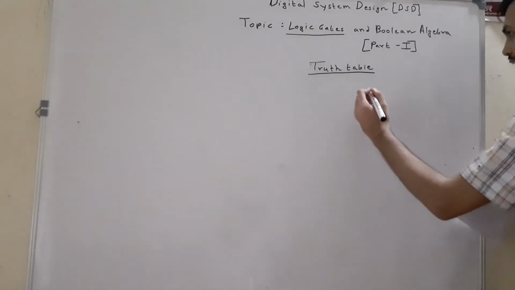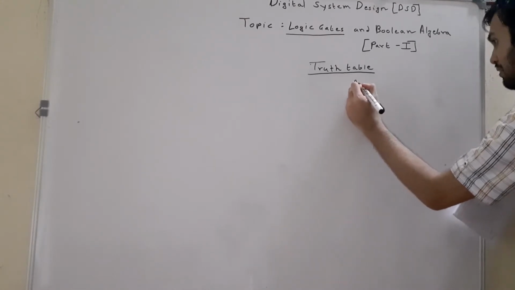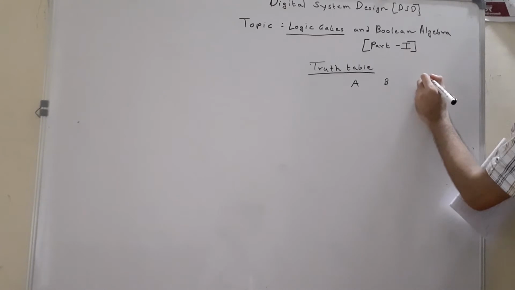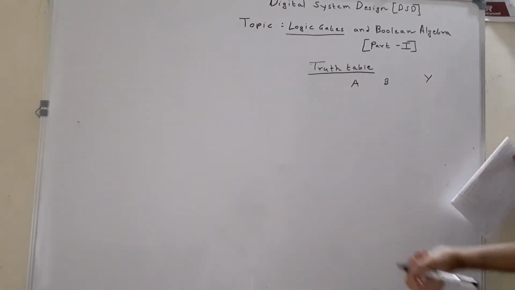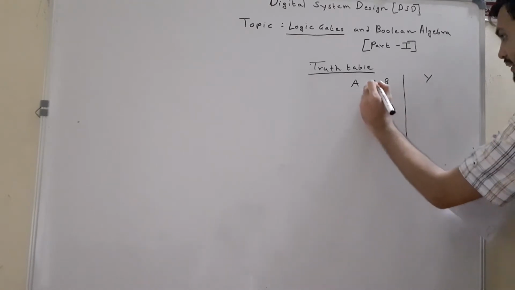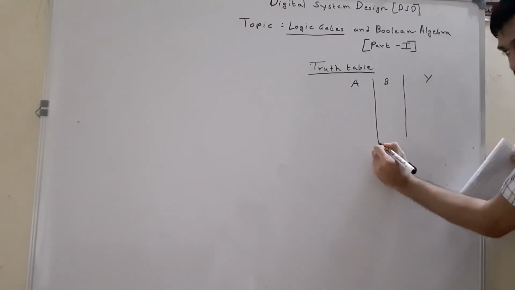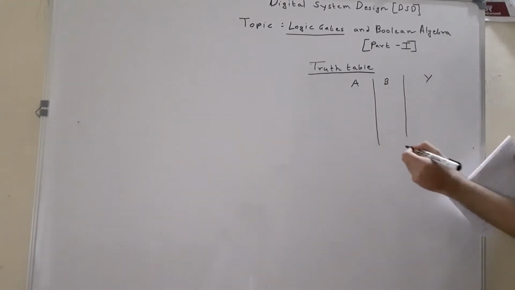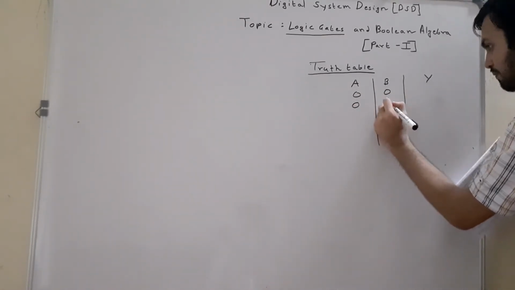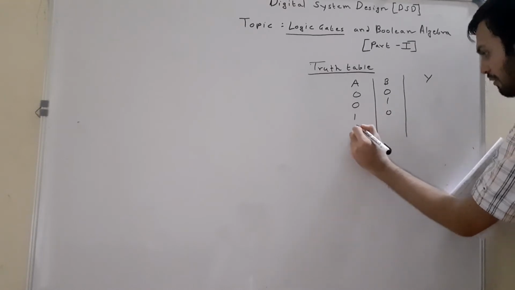Now let's say I have two binary, or Boolean, or logic variables A and B, and an output variable which is also binary, Y. As there are two inputs, I am going to have 4 different combinations of inputs: 0 0, 0 1, 1 0 and 1 1.